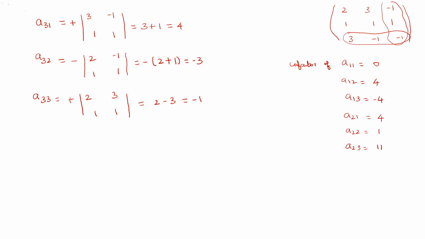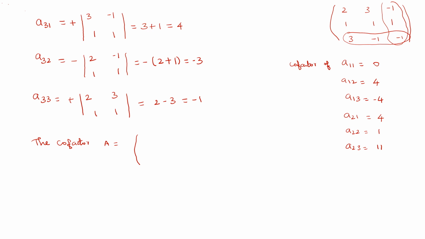So from this cofactor, you arrange all the values. So therefore, the cofactor of A equal to, you write the row wise.